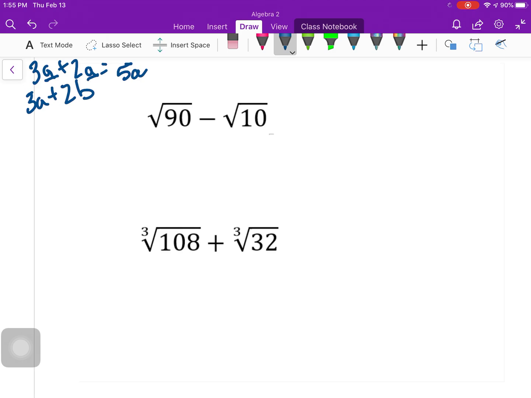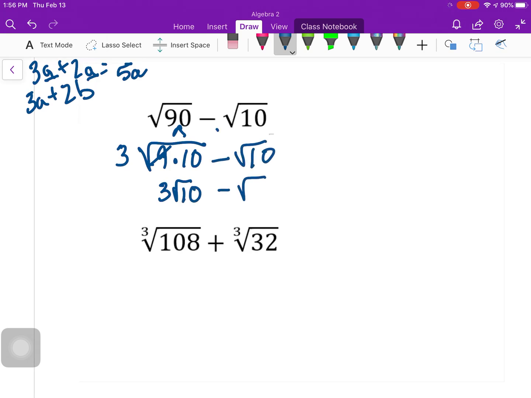So this one simplifies to the square root of 9 times 10. Well, the square root of 9 is 3, so I have 3 square roots of 10. Then I have minus square root 10. So 3 square root 10 minus 1 square root 10 is 2 square root 10.